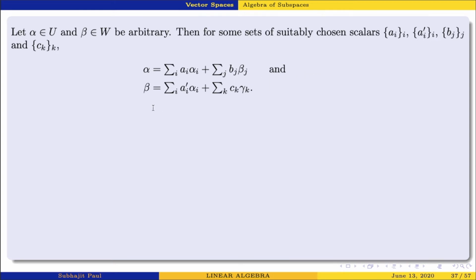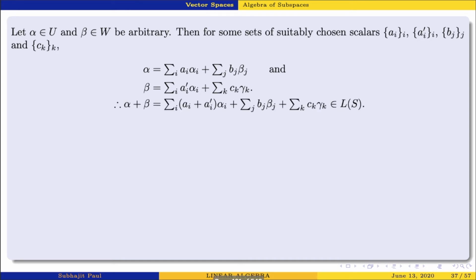Similarly for the vector beta, which is in W, S3 was the basis and it had alpha vectors and gamma vectors in it. So beta equals sum over i a_i dashed alpha i plus sum over k c_k gamma k. We must get this because S2 and S3 are bases of U and W respectively.